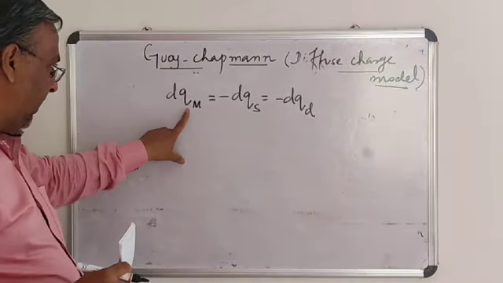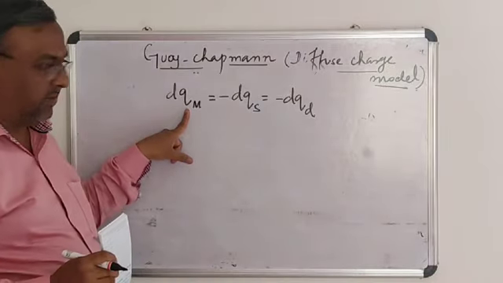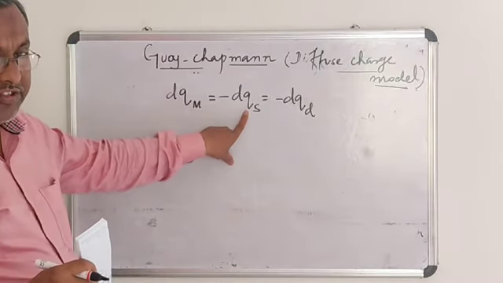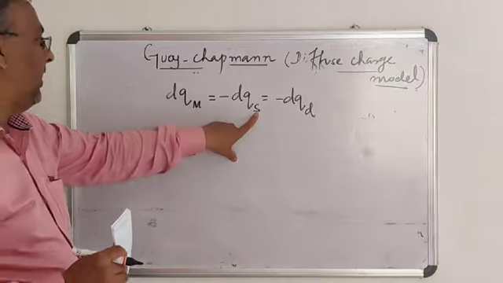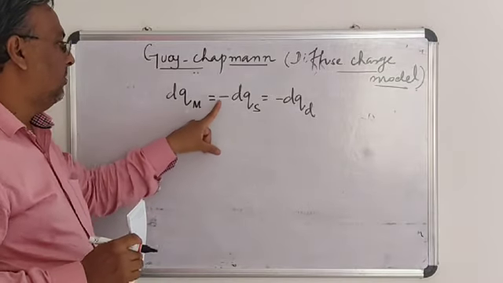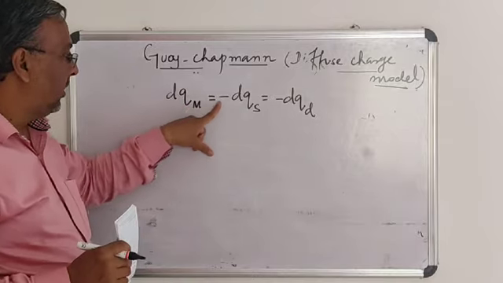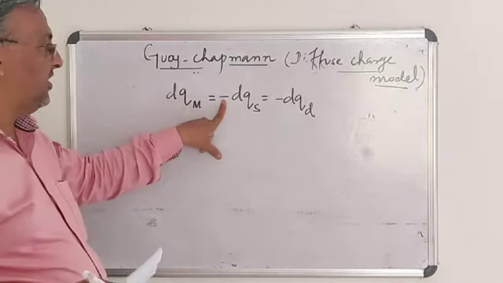The change in the charge density over the metal will be equal to the excess charge density on the solution side, equal in magnitude but reverse in sign.